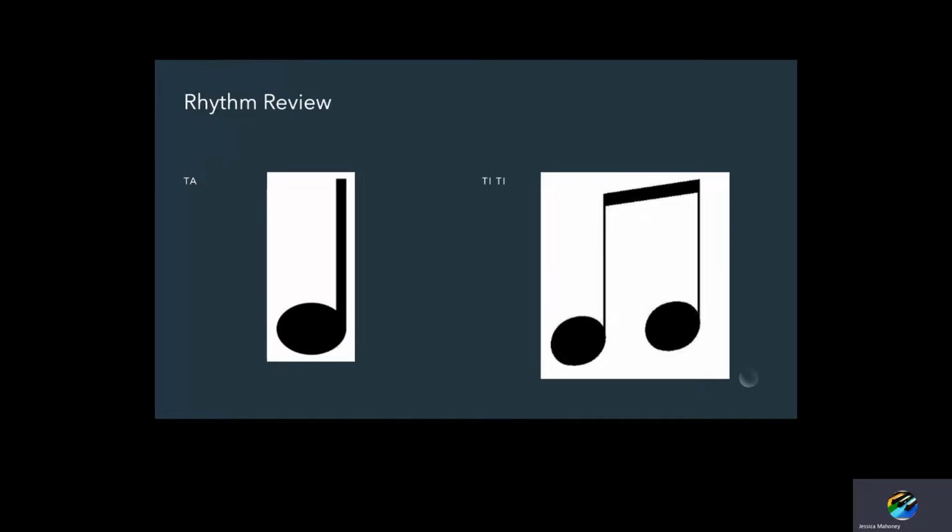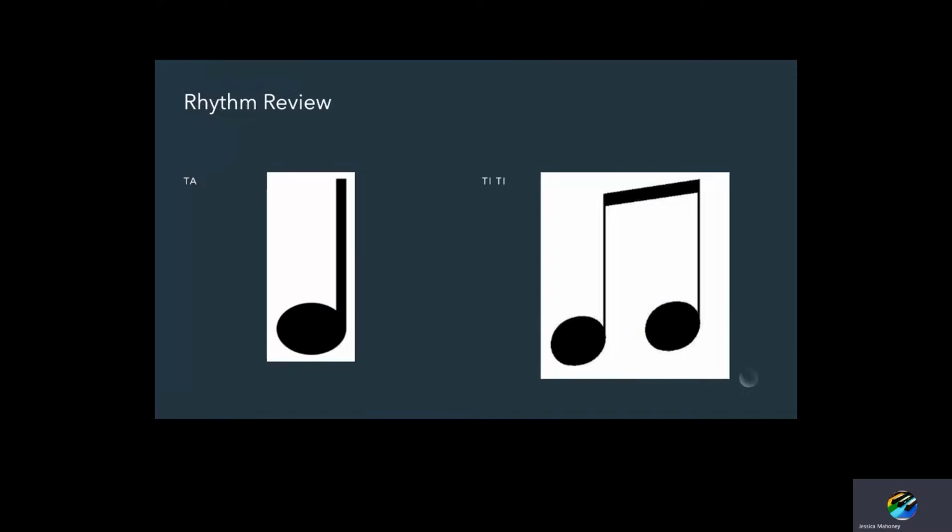The first one is called, do you remember? Ta. A ta has 1 note head, 1 circle. So it makes 1 sound. Ta. Just 1. The one next to it has 2 circles on the bottom, 2 note heads.